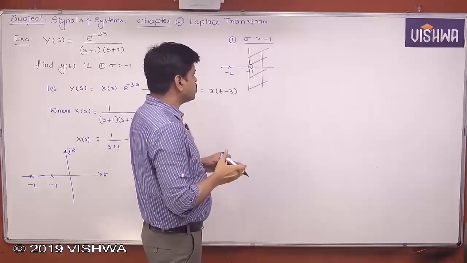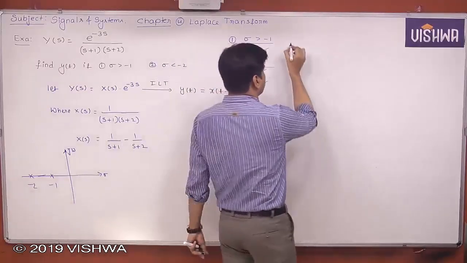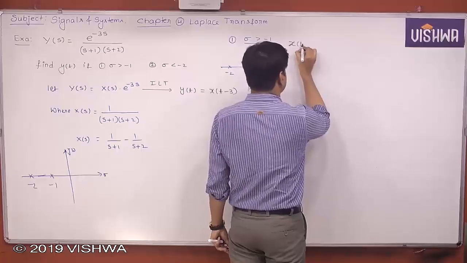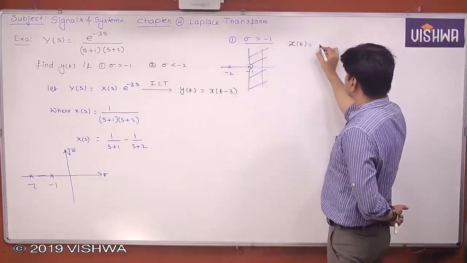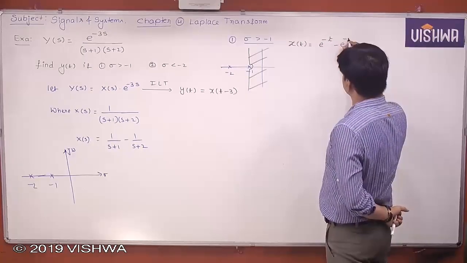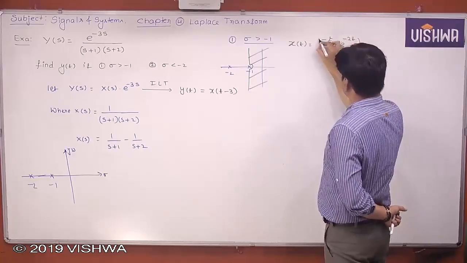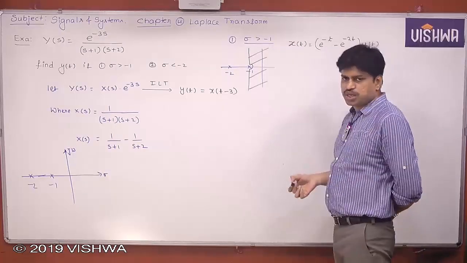For this ROC, for both the poles, we have to write the right side signal. Then what is x of t? e power minus t minus e power minus 2t u of t. For both the poles, it is right side signal. This is what x of t.